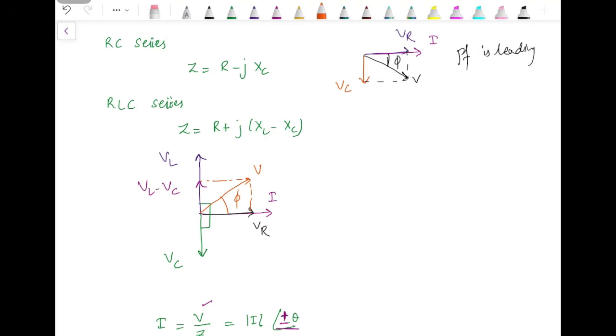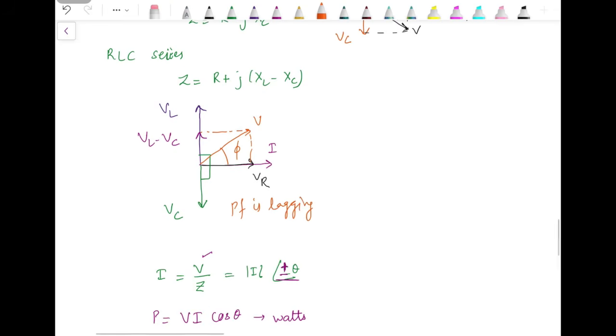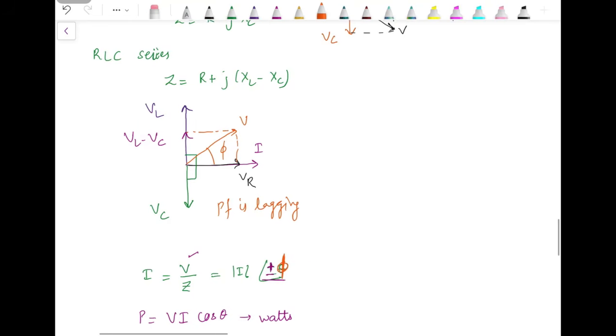Now voltage is leading the current, or current is lagging behind the voltage, so power factor is lagging. So in this case, instead of writing theta, we can write phi over here. So phi is actually negative.